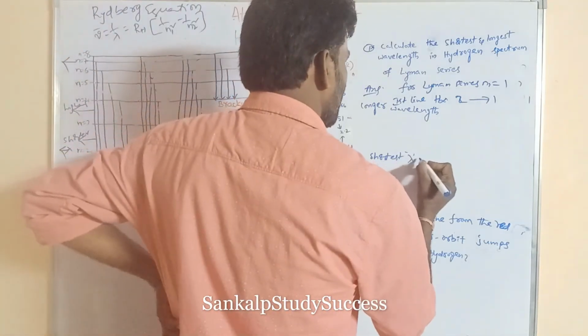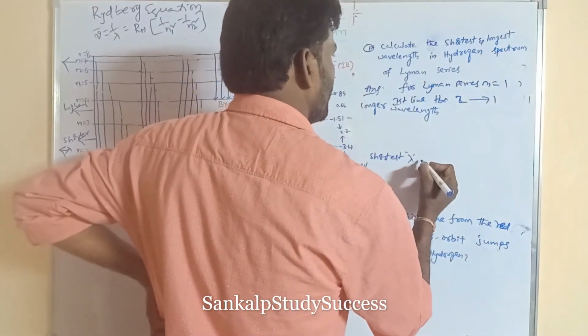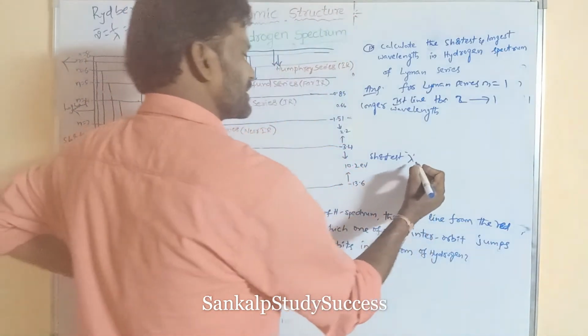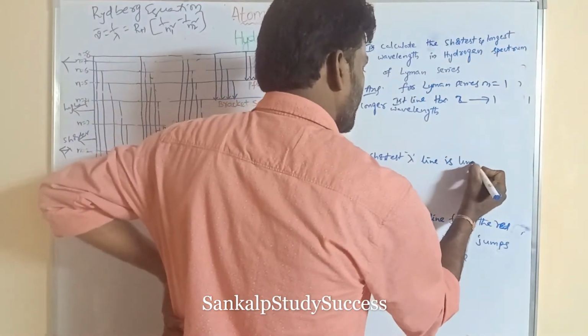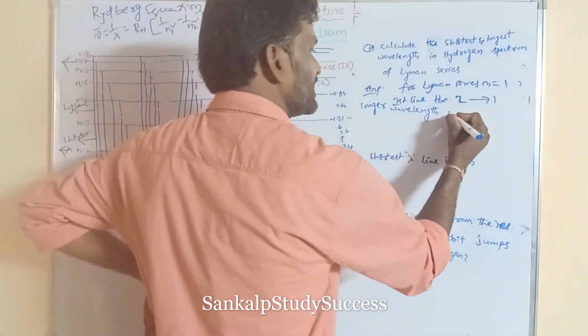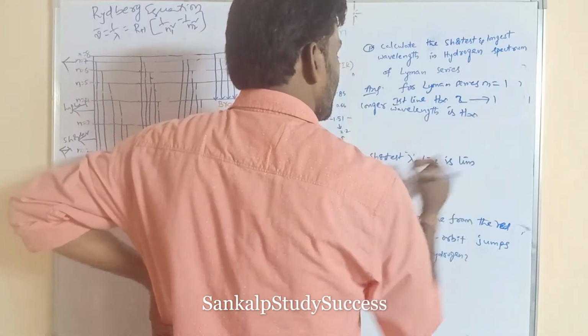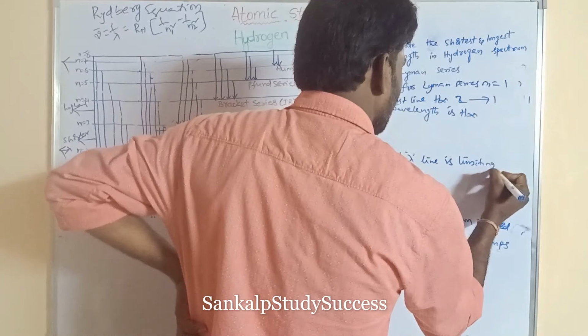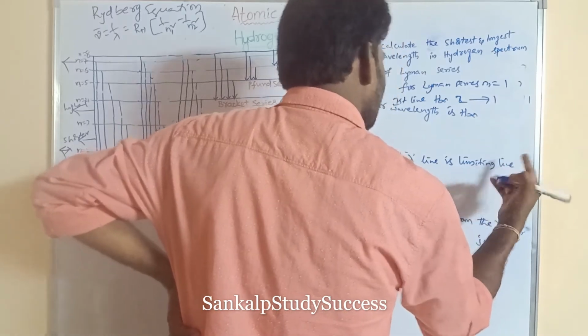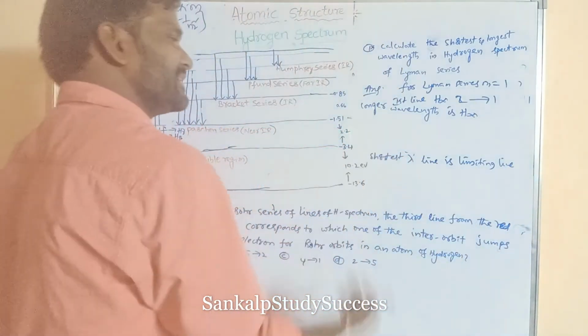So the shortest wavelength line is the limiting line. The longest wavelength line is H alpha. The shortest wavelength line is the limiting line. Its energy is more, but its wavelength is less.